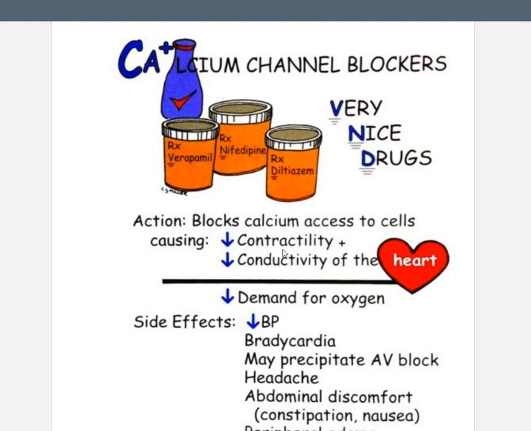And then it also has a negative chronotropic effect, which affects heart rate, and it also, to put in plain terms, decreases conductivity of the heart, so that's why it decreases your heart rate. So that's calcium channel blockers, and of course the prototype is nifedipine. All right, so we'll move on.